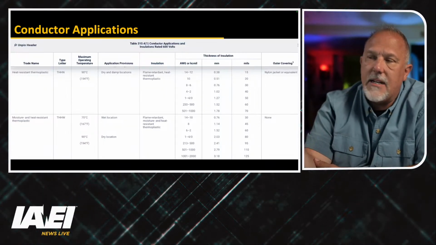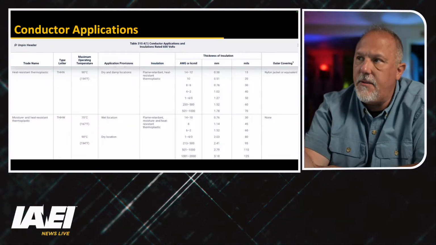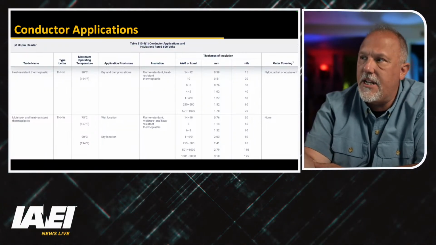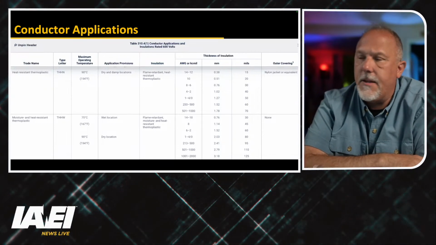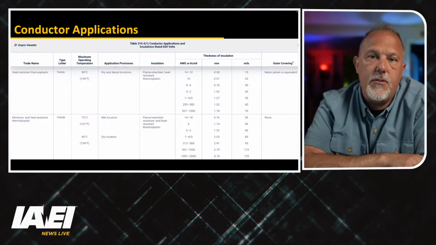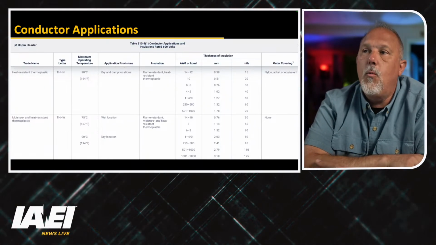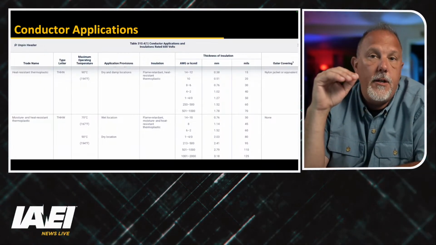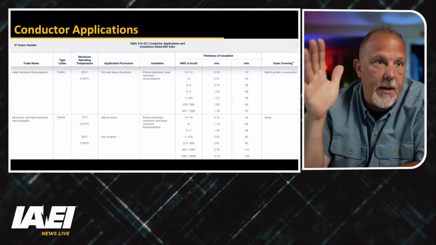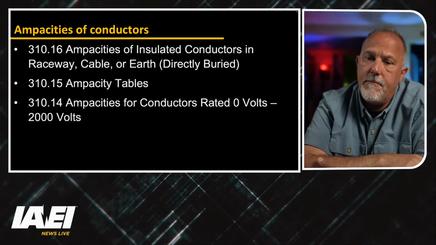It tells you what the insulation is good for, the range and gauge or kcmils, the thickness of the insulation, and the outer covering for the installation. So for that conductor, table 310.4(1) is going to be very important whenever we start our journey. We have to understand what it is we're doing and what we're dealing with.